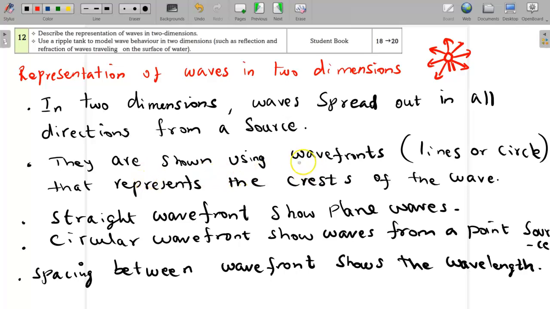They are shown using wavefronts, lines or circles. We have the plane wavefront and we have the circular wavefront. Straight wavefronts show plane waves, and circular wavefronts show a point source.